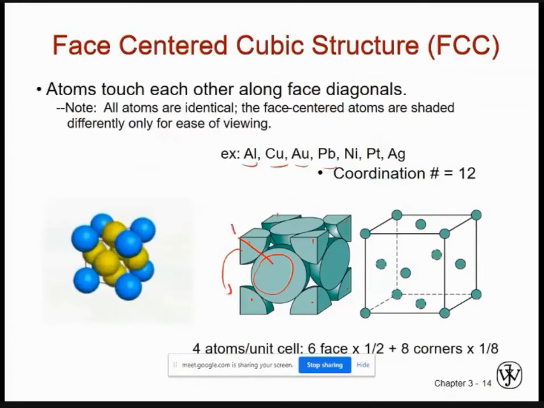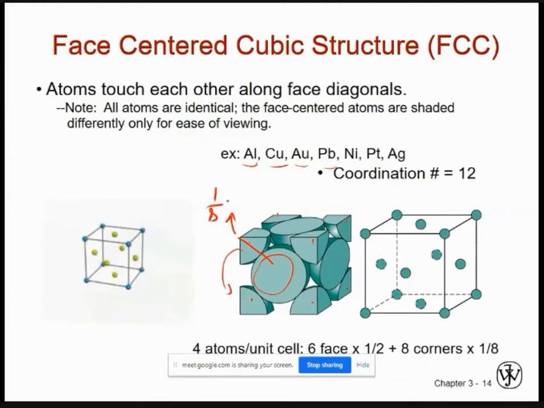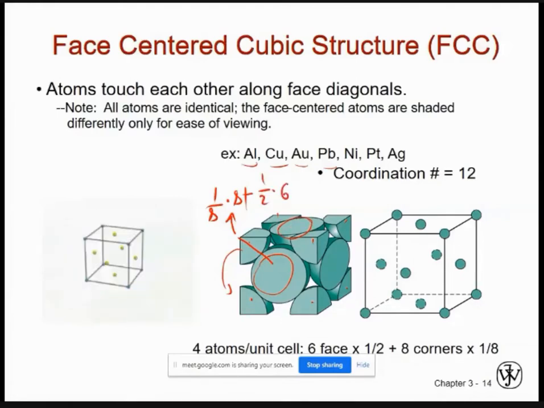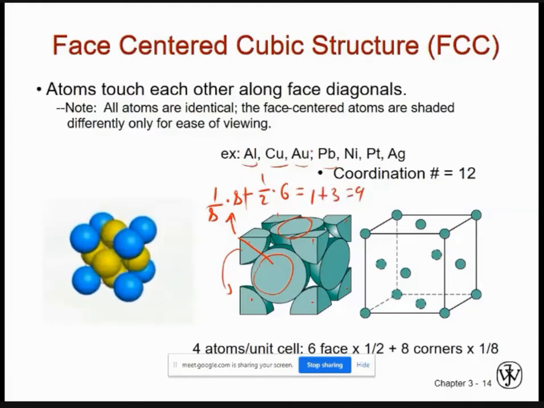So each corner atom here is 1/8 part, and I have 8 corners, plus this one will be half, and I have 6 faces. So in total it will be 1 plus 3 equals 4 atoms per unit cell, and we will use this value to calculate atomic packing factor.